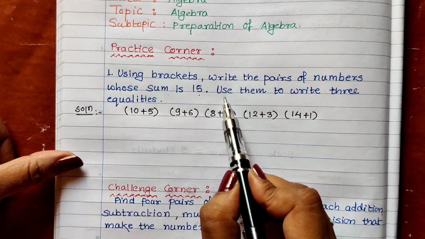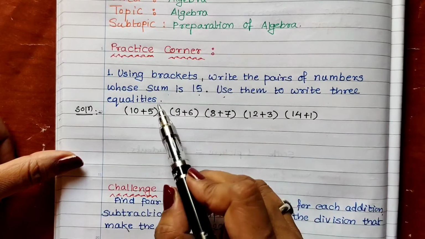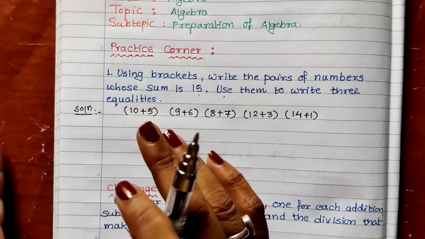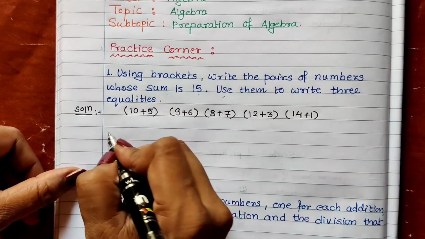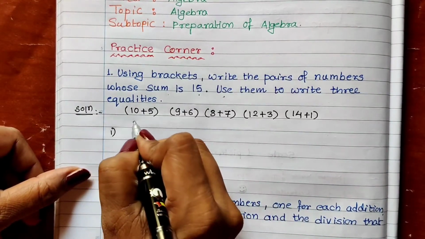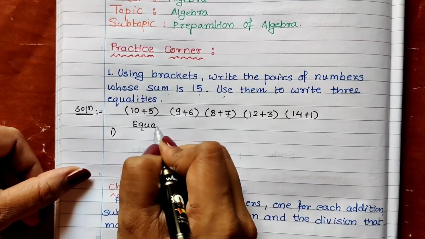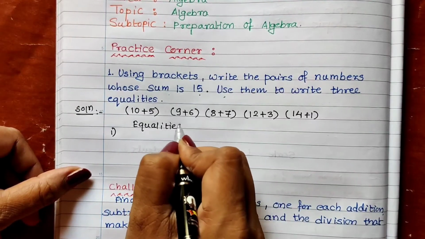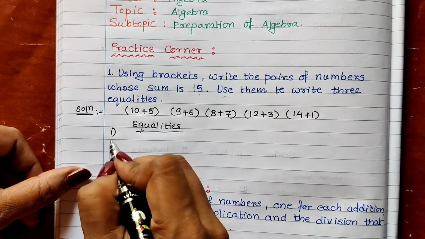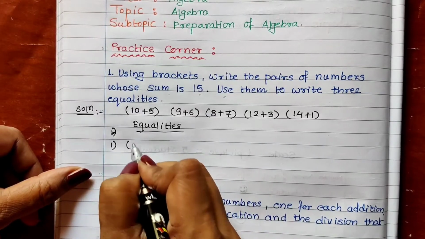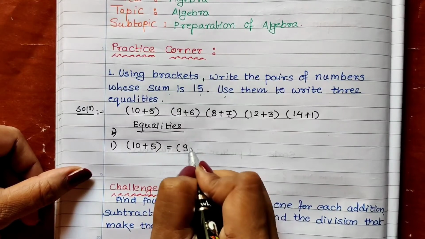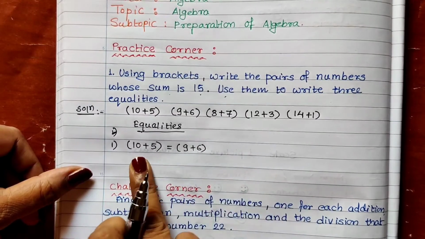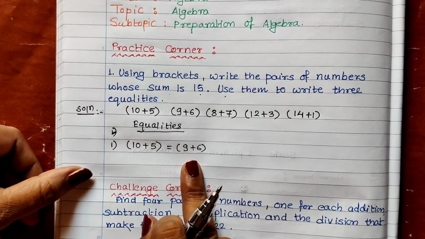Now the next part of the question is to use them to write 3 equalities. Equal means both the sides of the equal to sign should be equal. The answer is equal. So you can write equalities. First equality we can write: 10 plus 5 is equal to 9 plus 6. 10 plus 5 is 15 and 9 plus 6 is also 15.